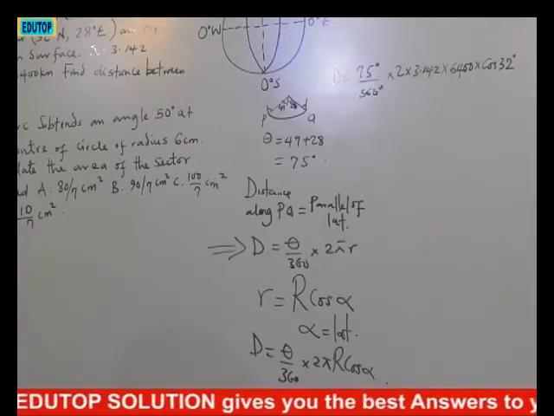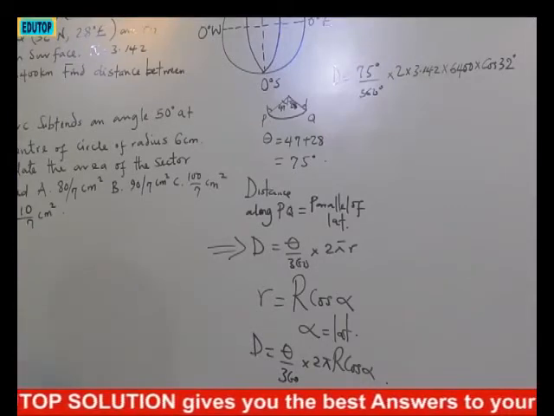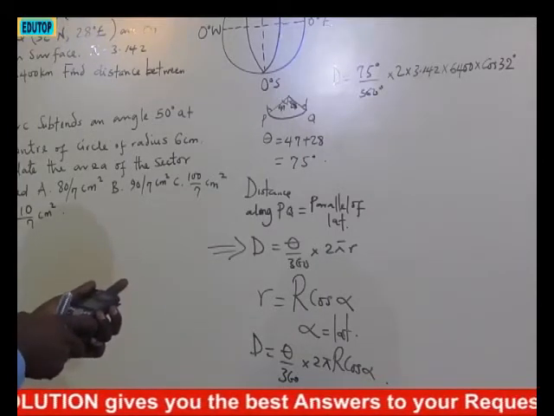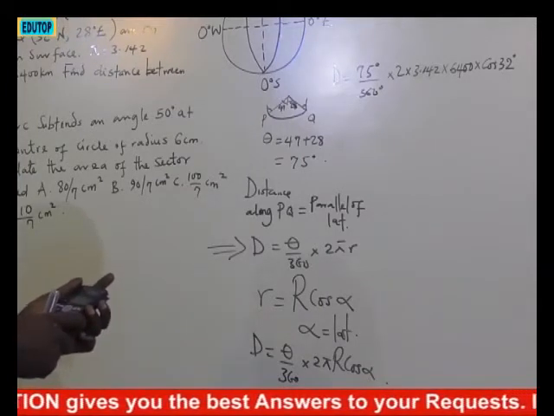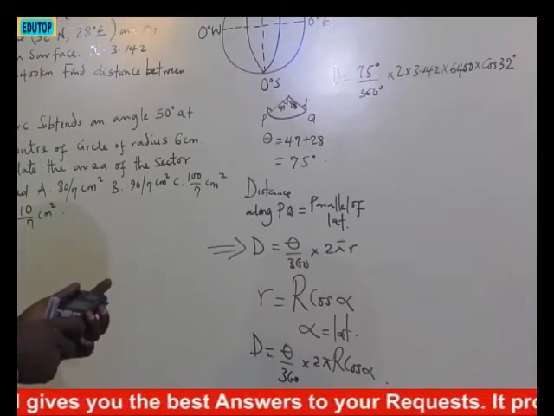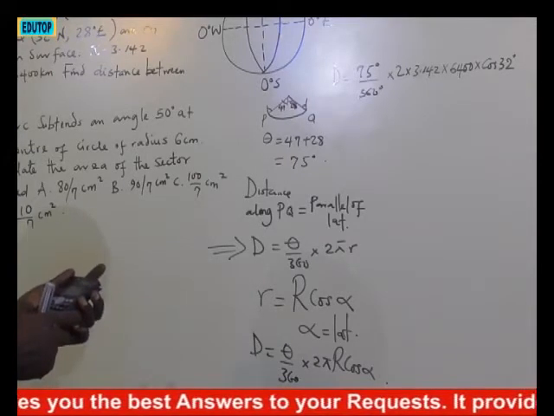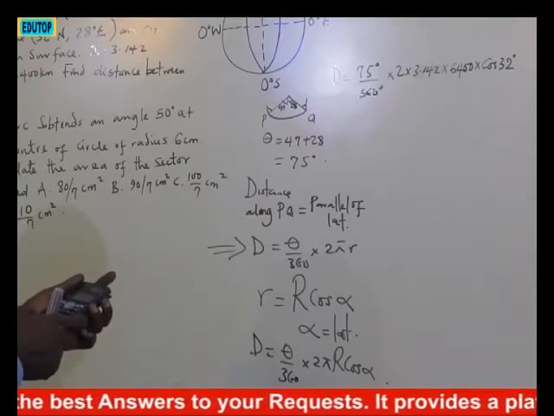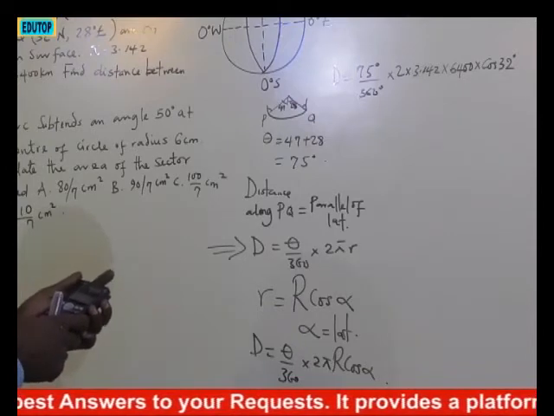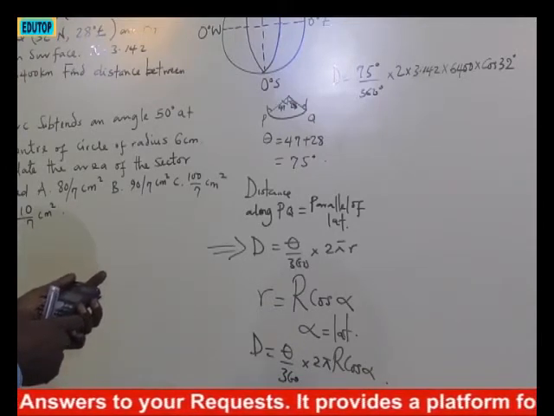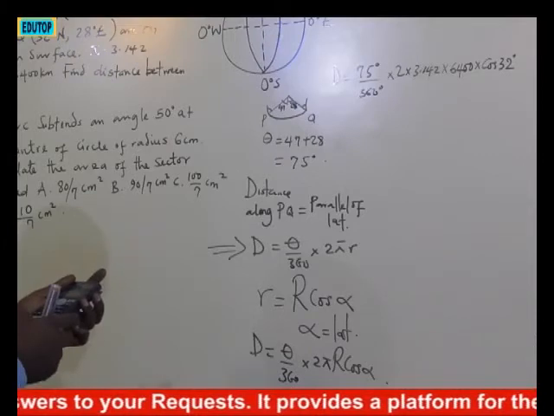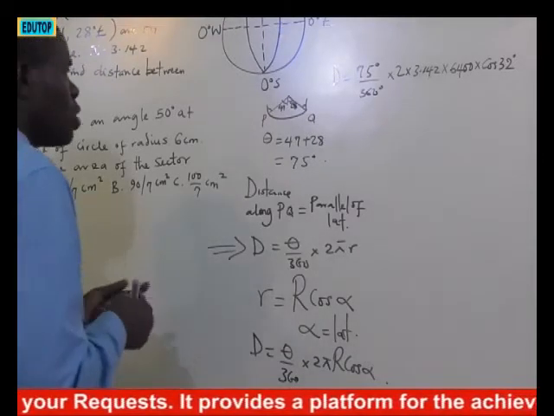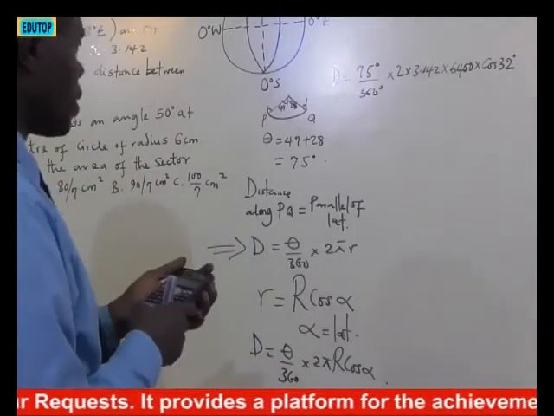So let's use our mathematical calculator to work out the answer here. That's 75 times 2 times 3.142 times 6,400 times cos 32 divided by 360. So let's do it one by one so that we don't miss the answer.